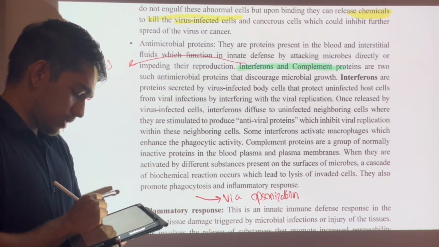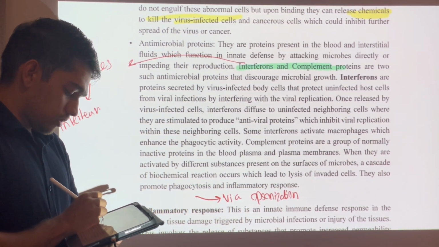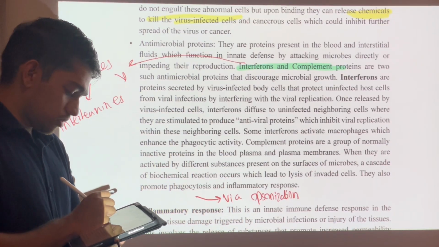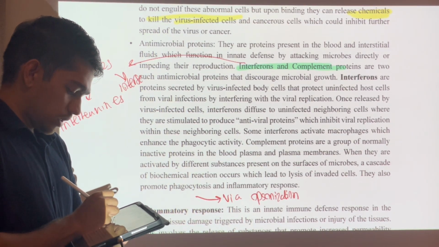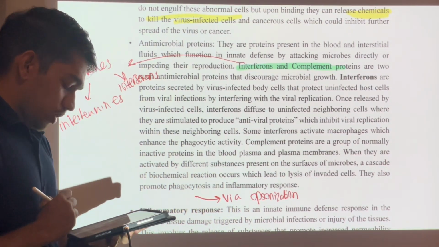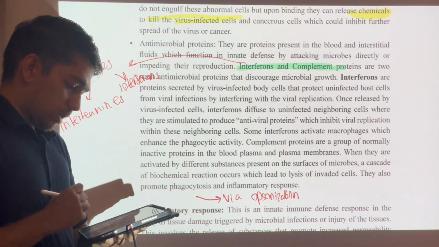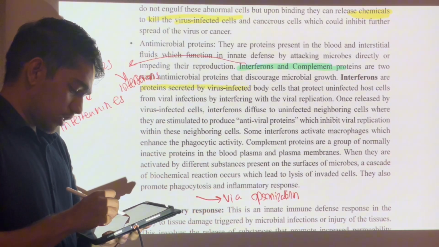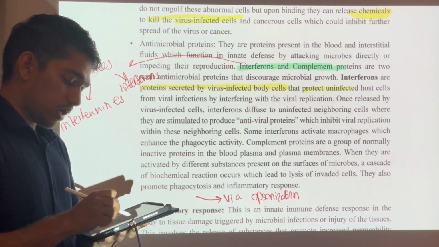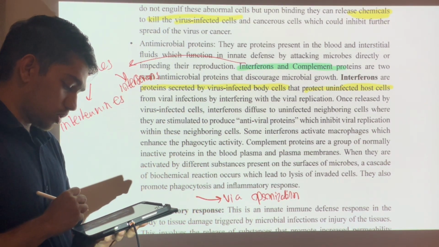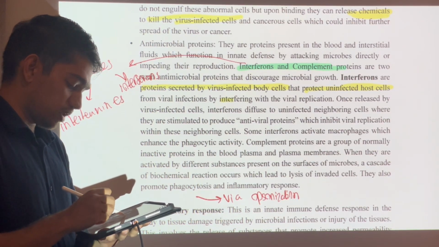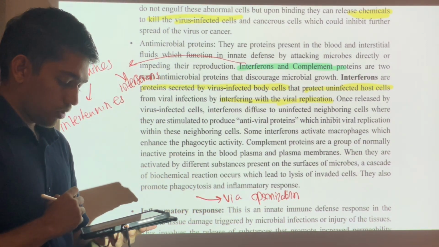Cytokines are of two types, interleukins and interferons, right? But you only need to know interferons, right? So let's talk about interferons first, right? Interferons, they say, are proteins secreted by virus infected body cells that protect uninfected host cells from viral infections by interfering with the viral replication, right?